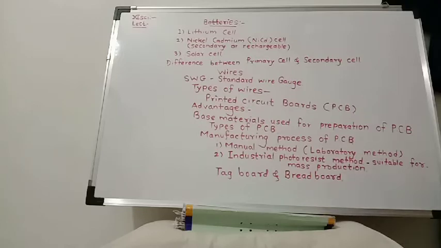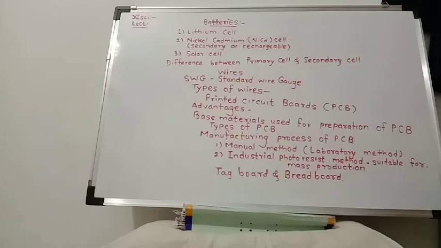Okay, so in this way, battery is formed. And the total voltage available across the battery is equal to the sum of the individual cells which are connected in series.